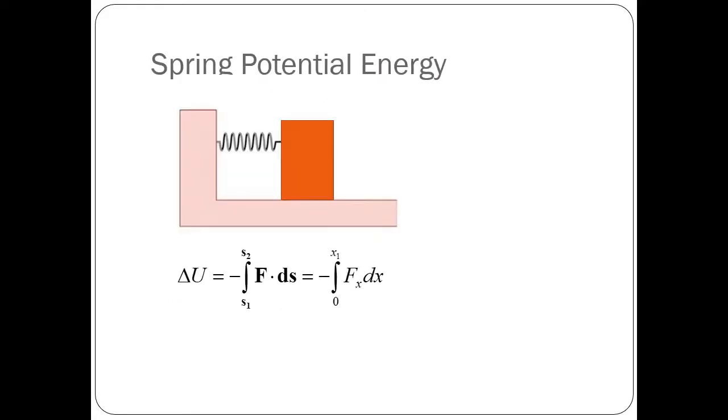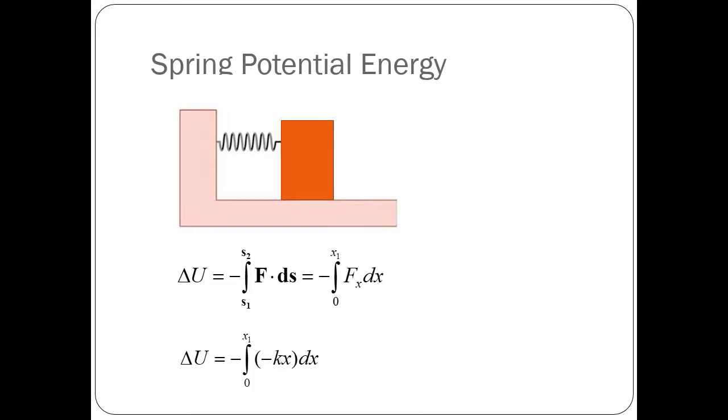This was our spring potential energy, and here I'm showing the very formal way of writing the potential energy, which is the negative of the work done by the spring force. Remember, it's always the internal forces that are doing this work that is creating potential energy. And well, we've already worked this out once.